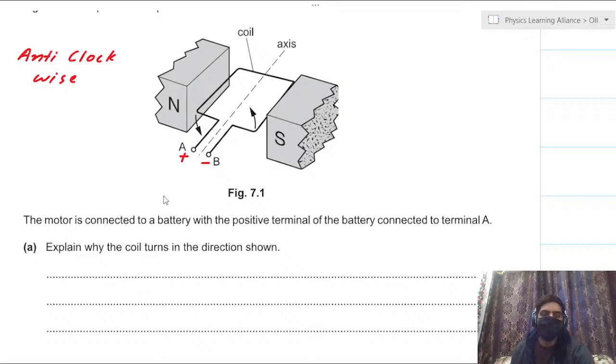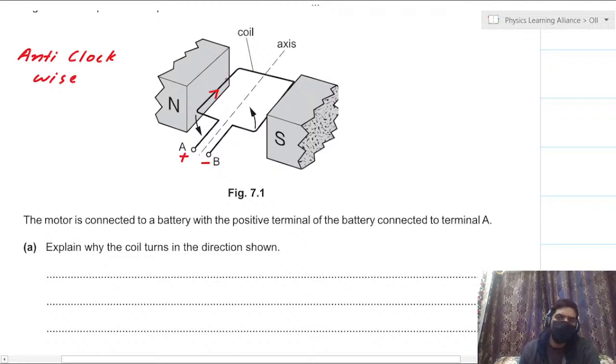So in this one, we use the same thing, which is the left hand rule. We have the current, which from the positive terminal, from the left side, is moving upward.